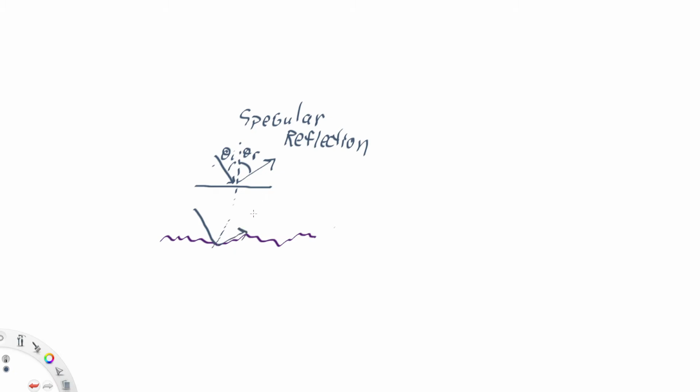Even if the light was physically parallel, it might impact a section that causes it to have different behavior. So if you've got a bumpy surface, even if all of your incoming light rays are parallel, your outgoing light rays might not be parallel at all, and this is called diffuse reflection.